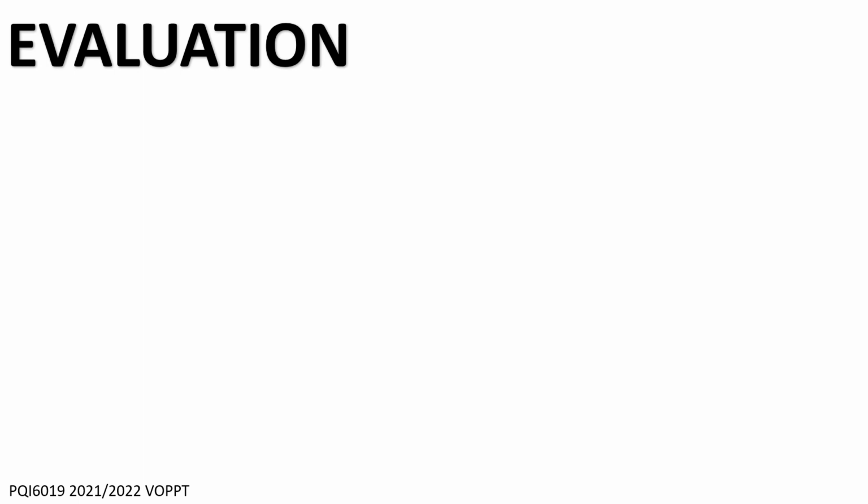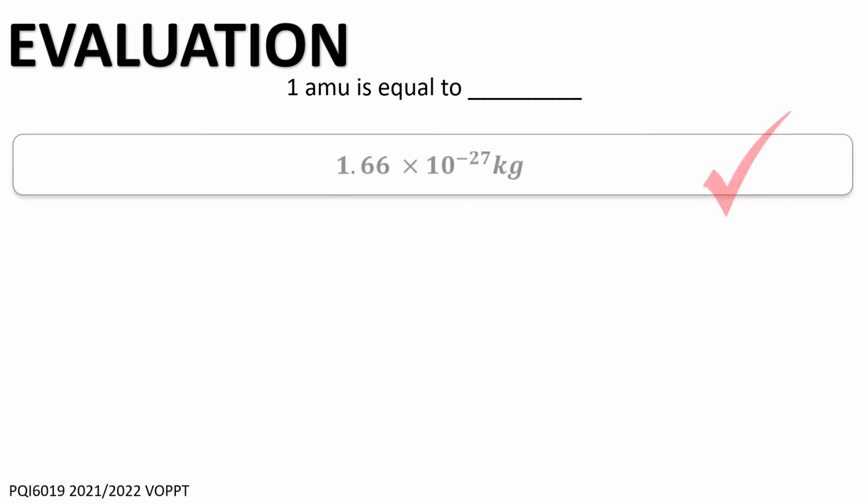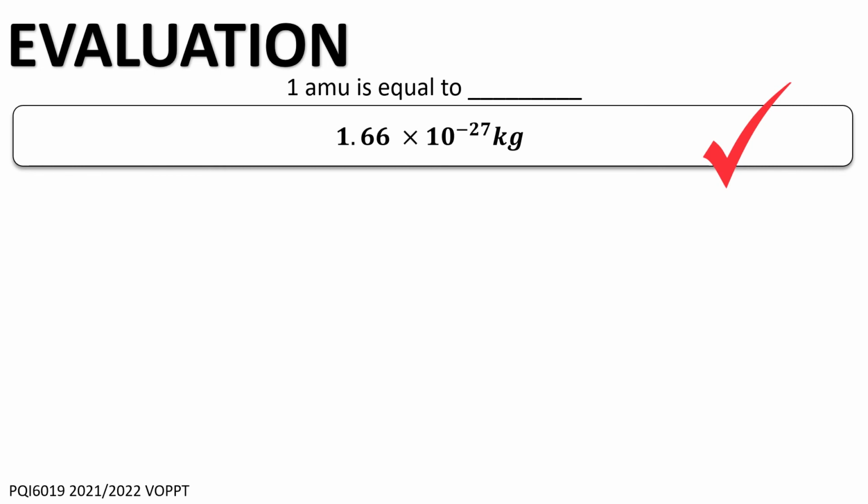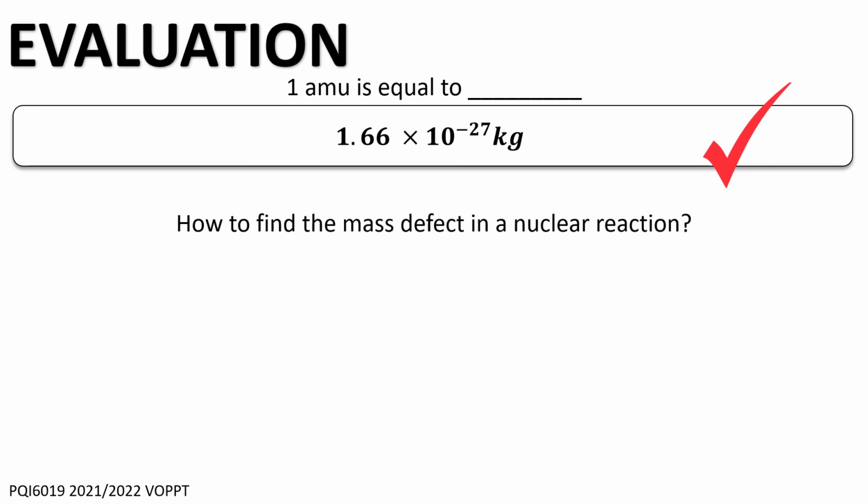Let's do some evaluation to check our understanding of this topic. The first question is, 1 AMU is equal to, yes, 1.66 times 10 to the power of negative 27 kilogram. You are very good. Next, how to find the mass defect in a nuclear reaction?